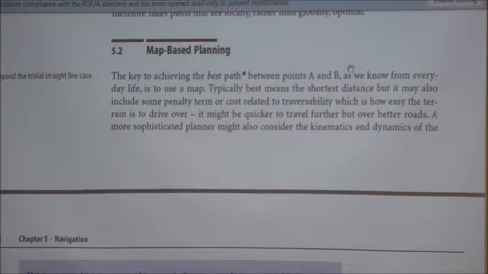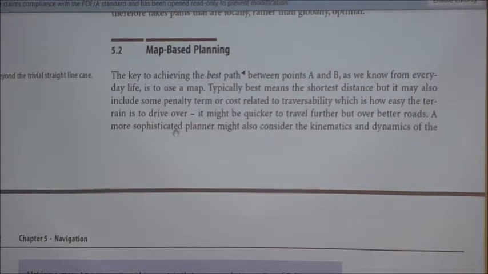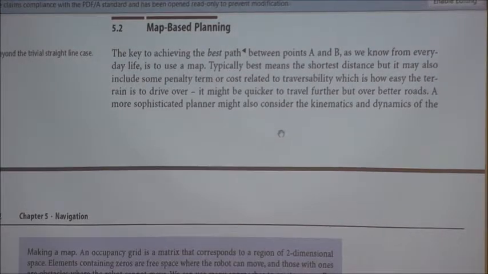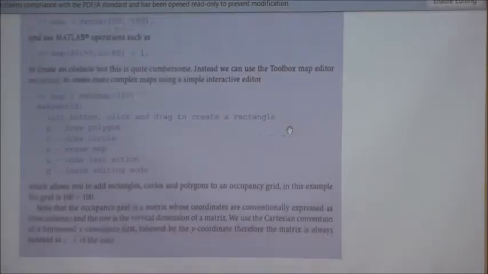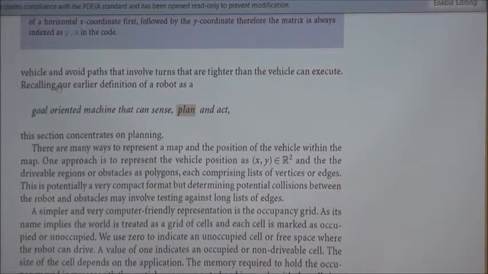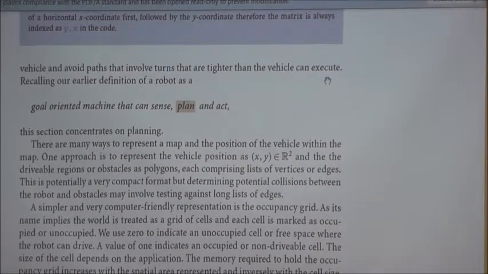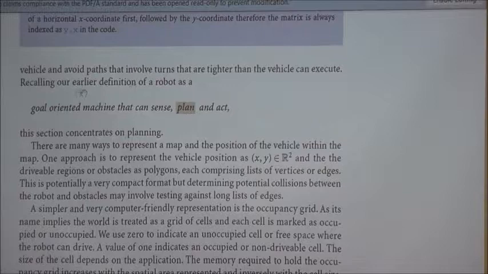So typically best means the shortest distance, but it may also include some penalty term or cost related to traversability, which is how easy the terrain is to drive over. It might be quicker to travel further, but over better road. A more sophisticated planner might also consider kinematics and dynamics of the vehicle to avoid paths that involve turns that are tighter than the vehicle can execute.